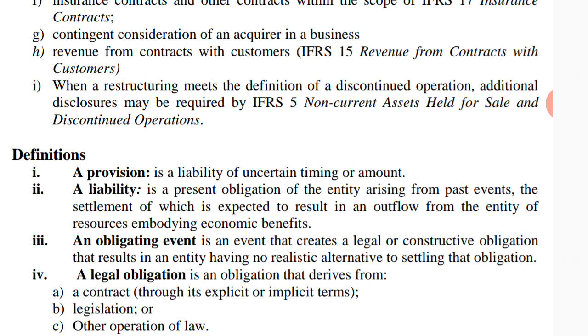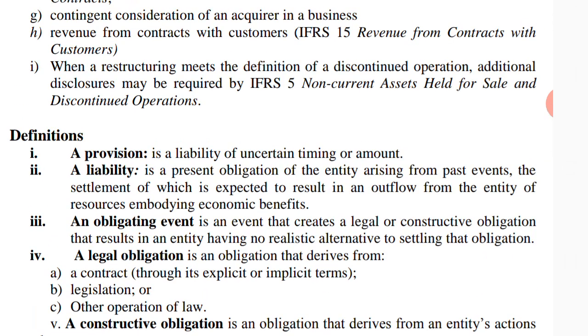Any provision related to revenue from customers, like a warranty, because when some entities sell their product, they sell with a warranty, with a guarantee. That means if you return the product within a certain period, they'll give you your money back. That provision, as long as it is related to revenue, you should use IFRS 15.